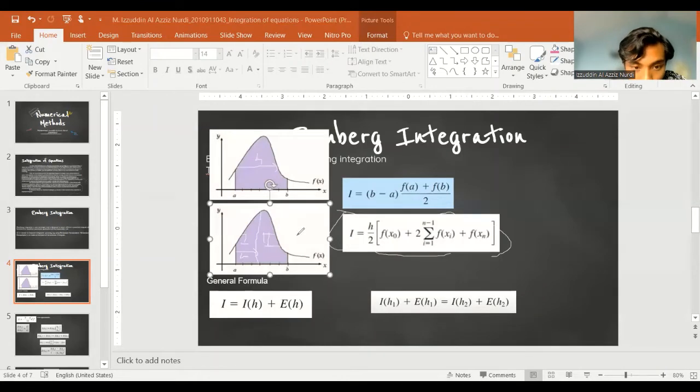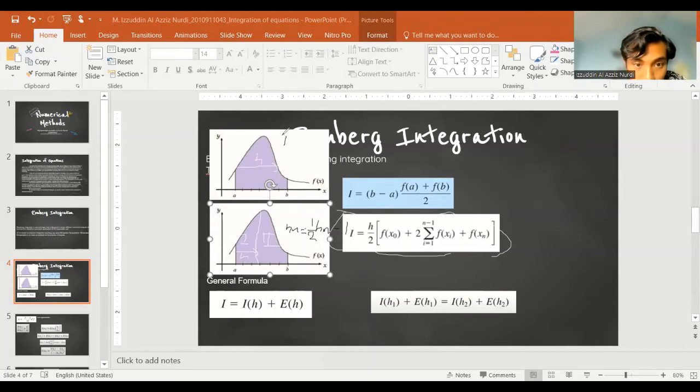In Romberg integration, basically the step size h_n is always half of h_(n-1).